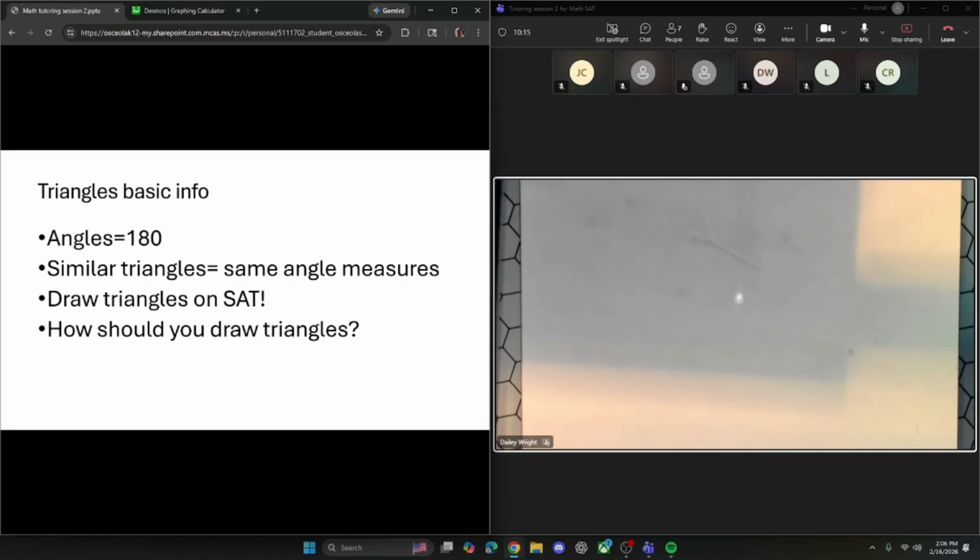Similar triangles. When an SAT question says there are two similar triangles, you want to know, no matter what, that all of the respective angle measures are going to be the same.